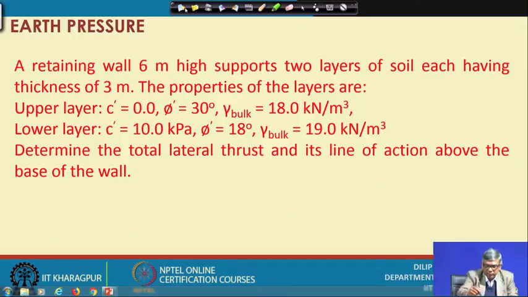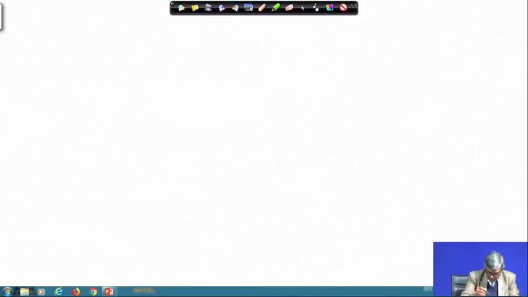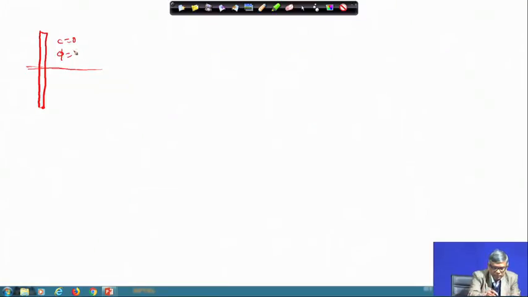So, let me see what changes will be here. Here is a 6 meter high wall, and the layering is at the midpoint, 3 meter. Here C equal to 0, phi equal to 30 degrees and gamma equal to 18. Here C equal to 10 only, phi equal to 18 degrees and gamma equal to 19.